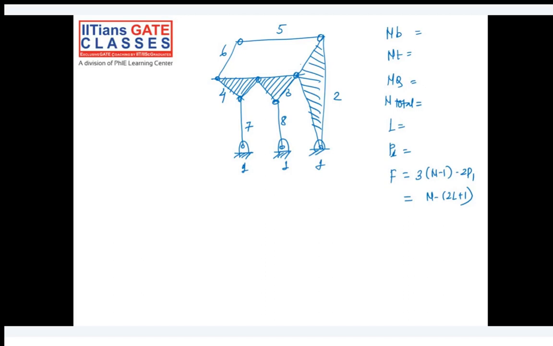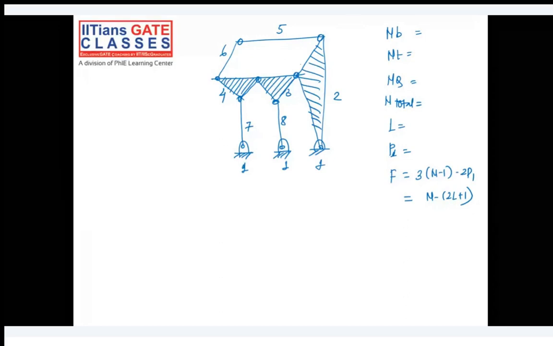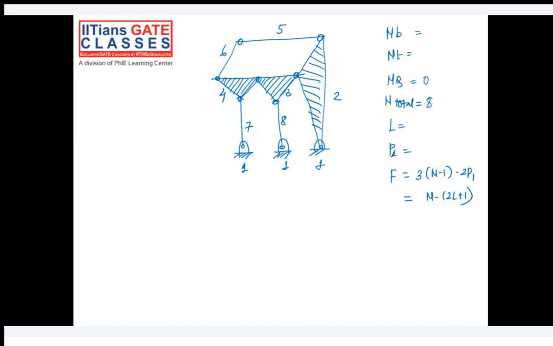Out of that, quaternary links are 0, right? If you join this, this is also a tertiary link, if you can see. So NB is 4 and the tertiary count is also 4.